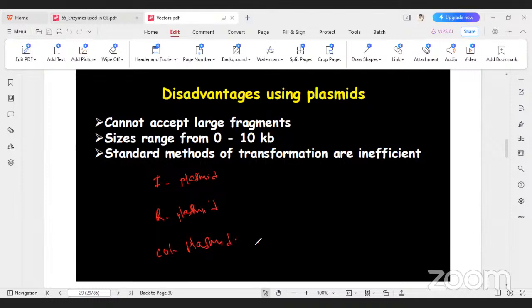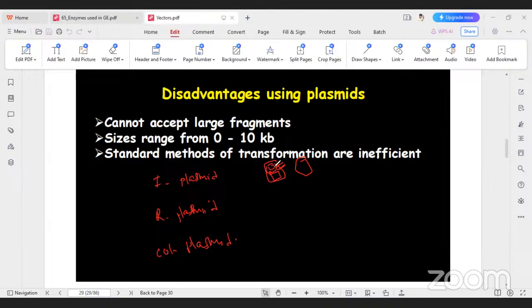The F plasmid contains tra genes, so it is capable of conjugation, transferring genetic material by touching. That means the F plasmid is present in this one bacterium, and here is another bacterium. The bacterium with the F plasmid has the pilus. So this is the plasmid and this is the genetic material.